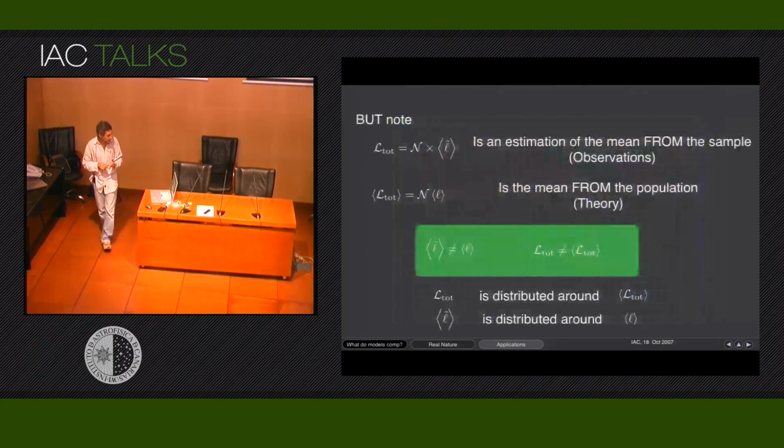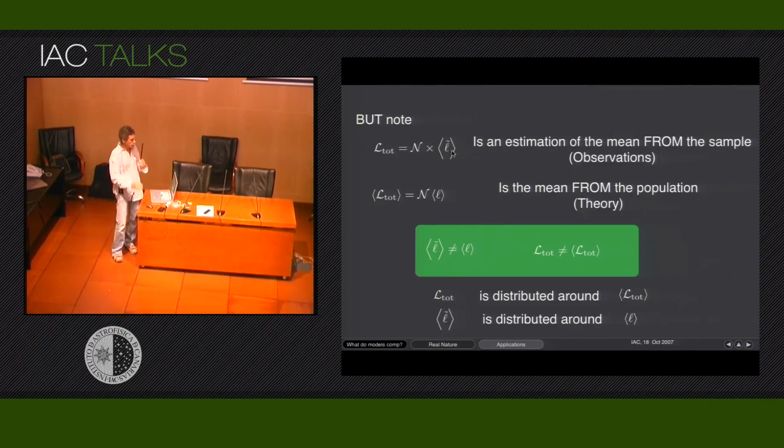The important thing here is that, in the first case, the observational case, you observe the total luminosity, and in some way, in order to make the fit, you are making an estimation of the mean value.